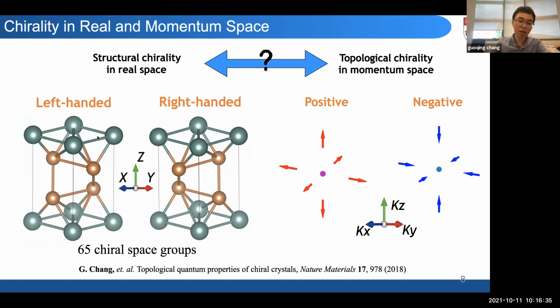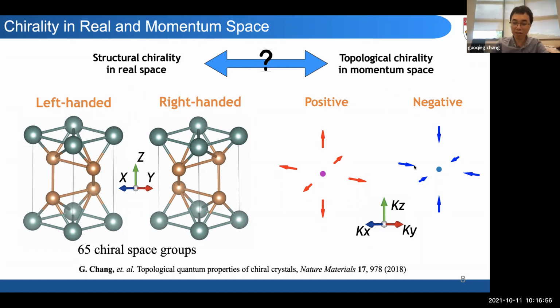Because they lack a mirror plane, if you apply a mirror symmetry on this crystal, you will change the original handedness to the other side. For example, if you have a left-handed crystal and you apply a mirror operation, you will change the crystal from left-handed to right-handed. So this is the structural chirality in real space.